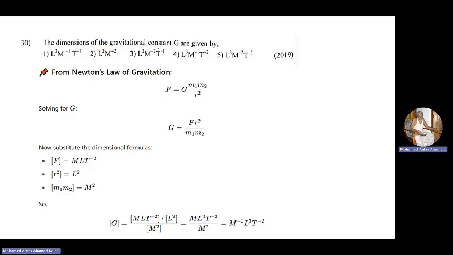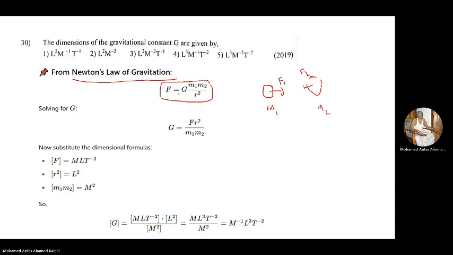We should know the gravitational force formula: F is equal to G M1 M2 over R squared. So G is equal to F R squared over M1 M2. The dimension of force is M L T^-2, R squared means L squared, and M1 M2 means M squared.